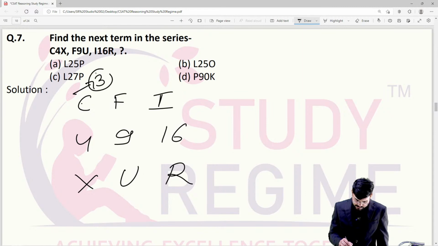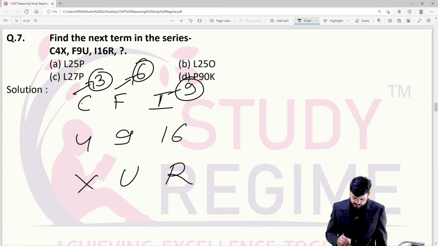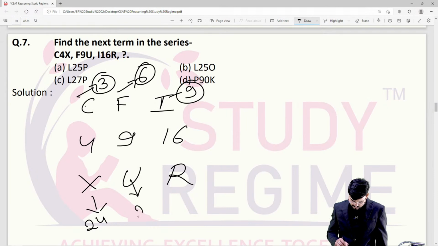C is coded as 3, F is coded as 6, I is coded as 9, X is coded as 24, U is coded as 21, R is coded as 18.